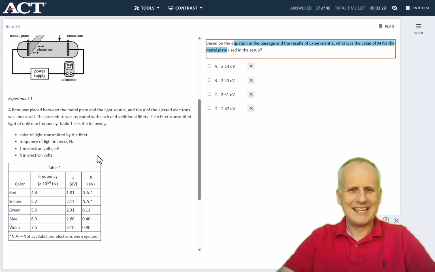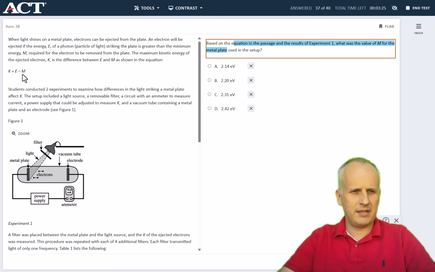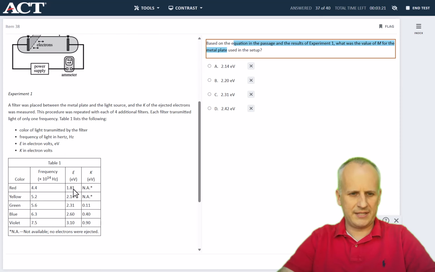So what that means is that our value of M is going to be equal to E minus K. Well, E minus K is going to be negative where we see the not availables. It becomes positive once it's 2.31. So at 2.31, E minus K would be 2.2. So it can't be anything that's going to be greater than 2.2.